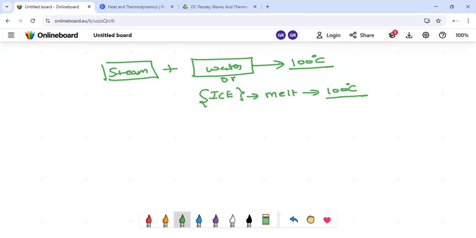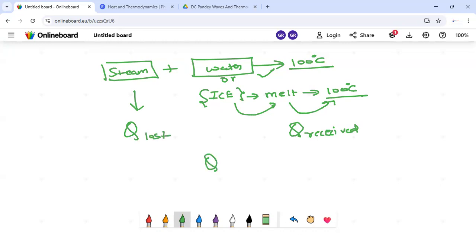What we are going to do here is, we will calculate how much heat water or ice will consume during melting and then boiling up to 100 degrees. We will find out this heat received, because it will receive from steam, and we will calculate the heat lost.